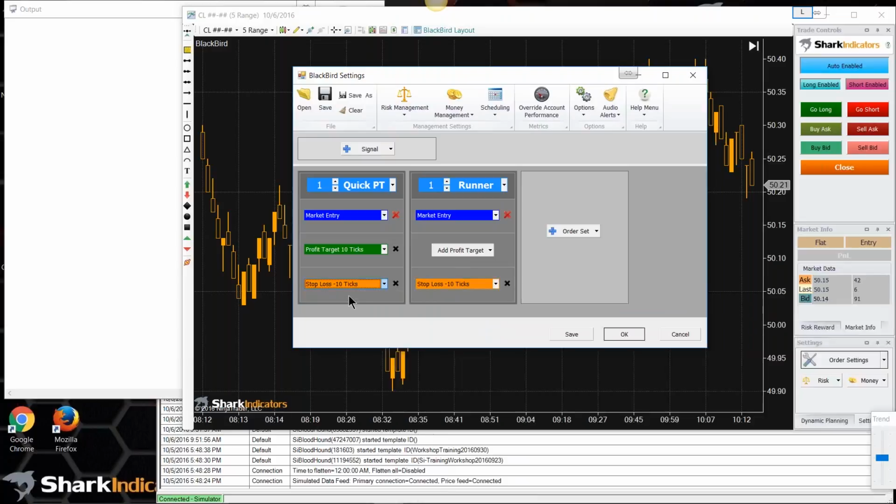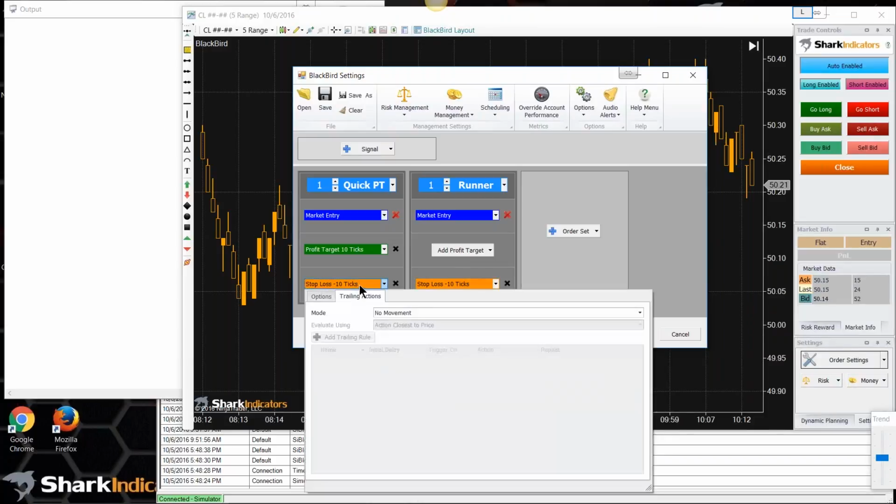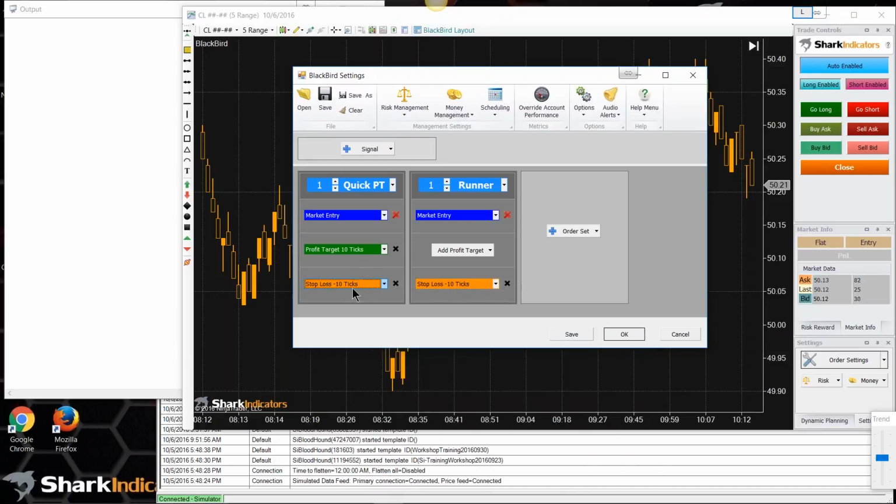trailing action versus my quick PT stop loss, my quick PT stop loss could have a different trailing action. But if you leave the names the same, then when you're looking at the output window, or at the chart, you won't know which stop loss is which.